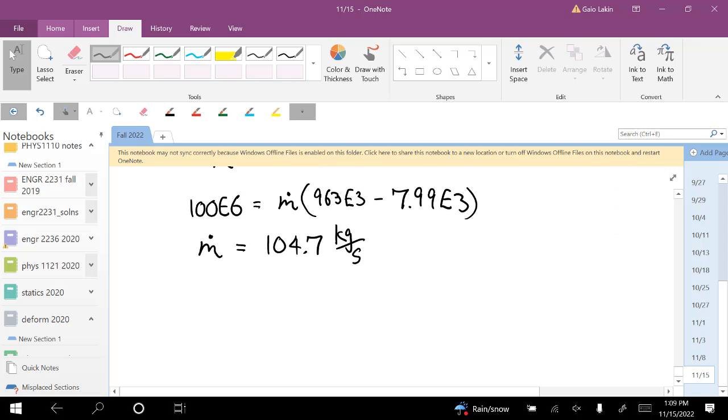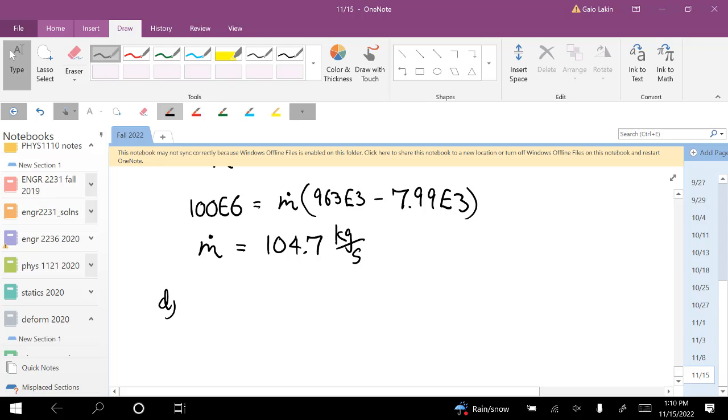Okay, so now the next couple are questions about the rate of heat transfer. The next two are the rates of heat transfer at the boiler and the condenser. Well, now we have the mass flow rate.